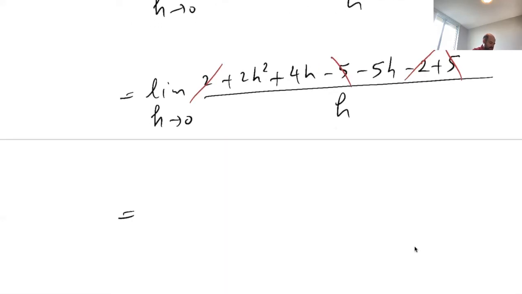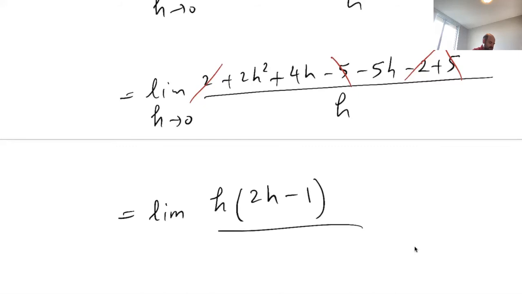the limit of h times 2h. And then we have 4h minus 5h, that's minus h, but I'm taking h out, so minus 1, divided by h as h approaches 0, right? So 4h minus 5h is minus h, but I'm taking h out.